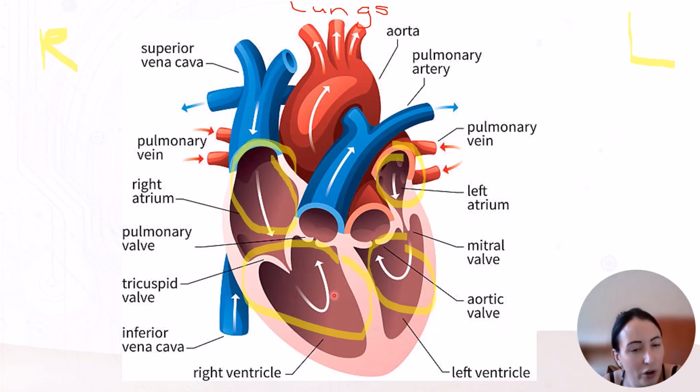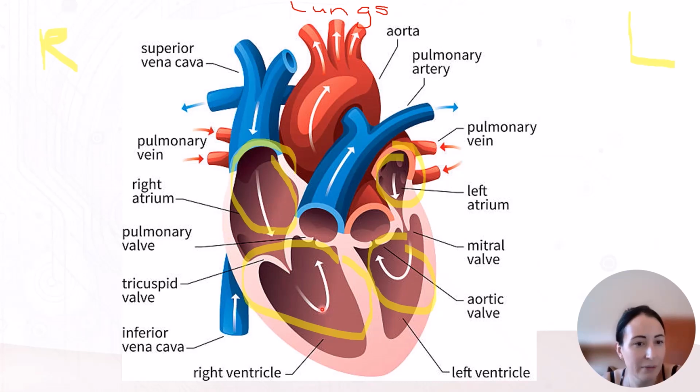So it's going to leave the heart. The only place that can get oxygen is at the lungs. So it leaves the heart via the pulmonary artery. Remember I said pulmonary makes you think of the word lungs. Okay, so there's a little pulmonary valve here, which, like all these valves, prevents blood from flowing backwards.